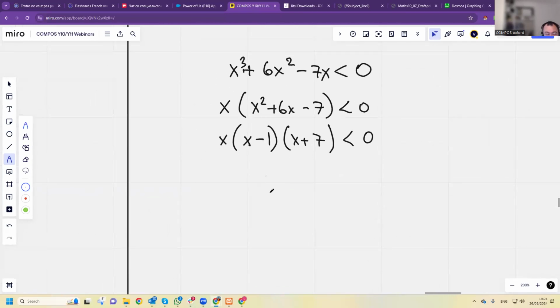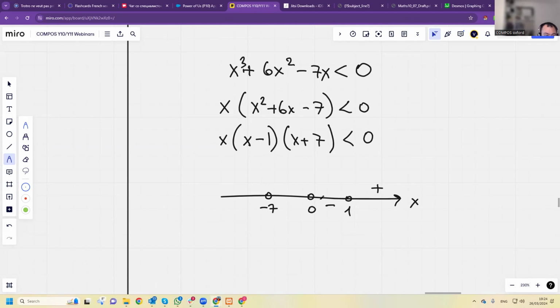So there are 3 critical points, 3 critical values, and the critical values are minus 7, 0, and 1. We test any number from this interval. Let's say it's 100. So 100 times 99 times 107, it's going to be positive.